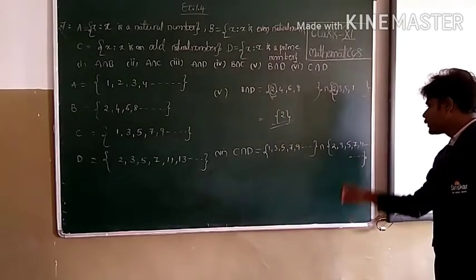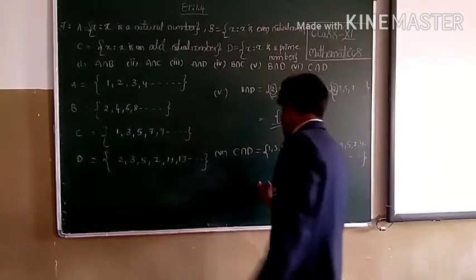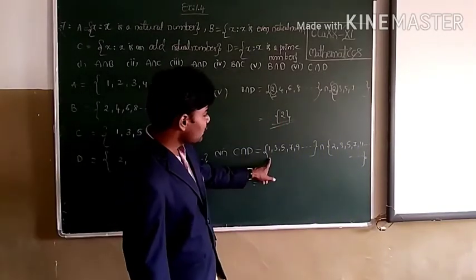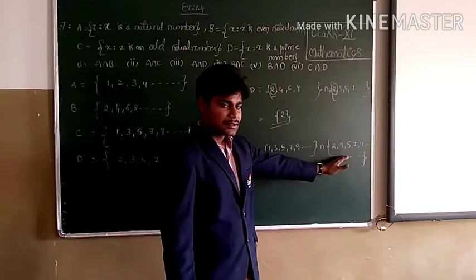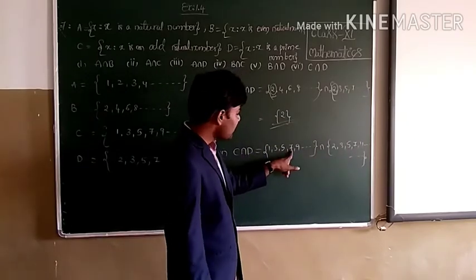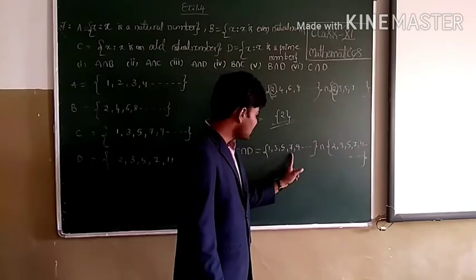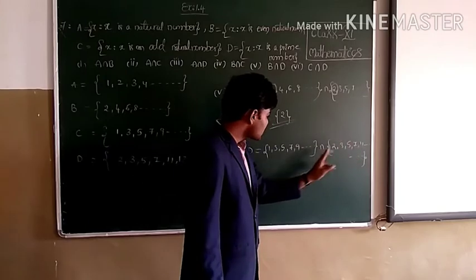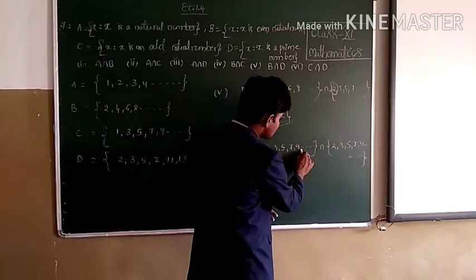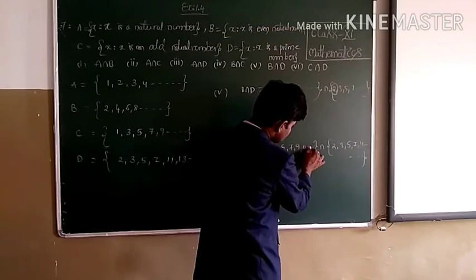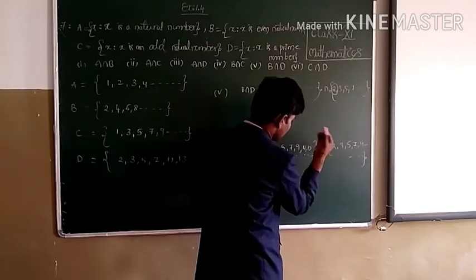Here also we need to observe the common elements in both the sets. 1 is not available in set D, so exclude 1. 3, yes, 3 is available. Next 5 is there. Next 7 is available. 9 is not there. The next odd number is 11, and the next odd number is 13, and so on, right?